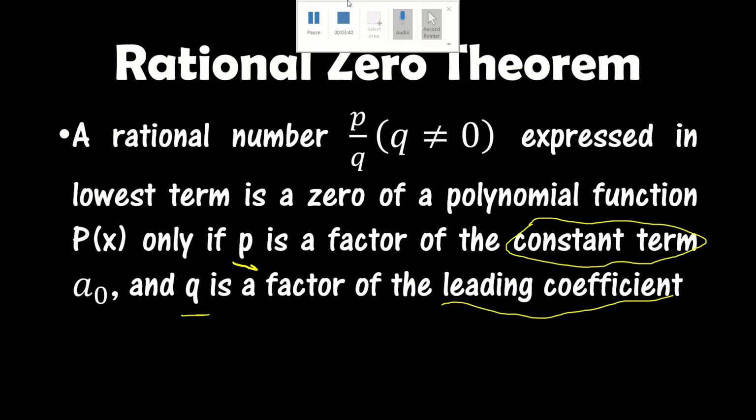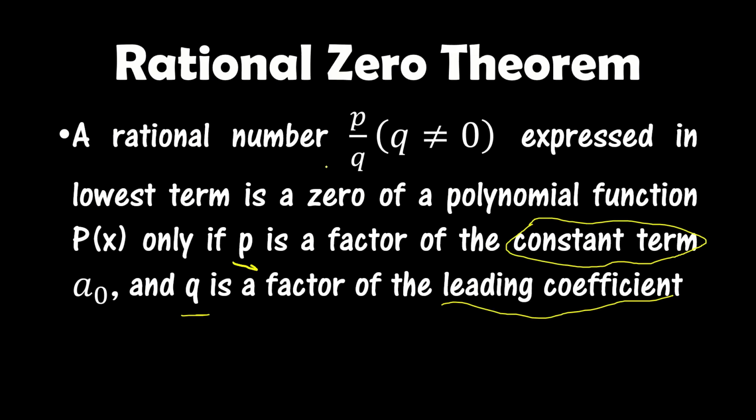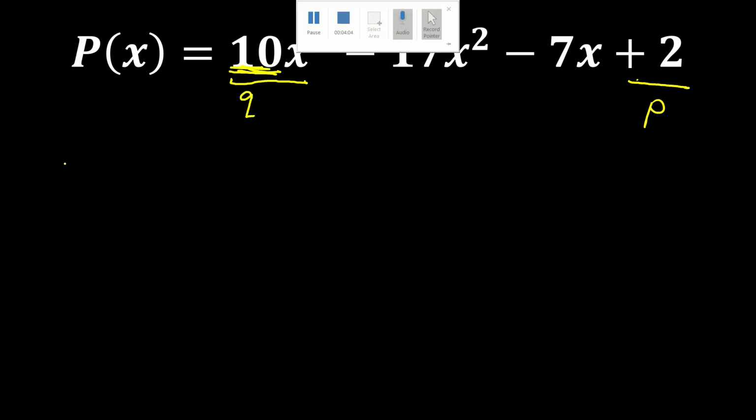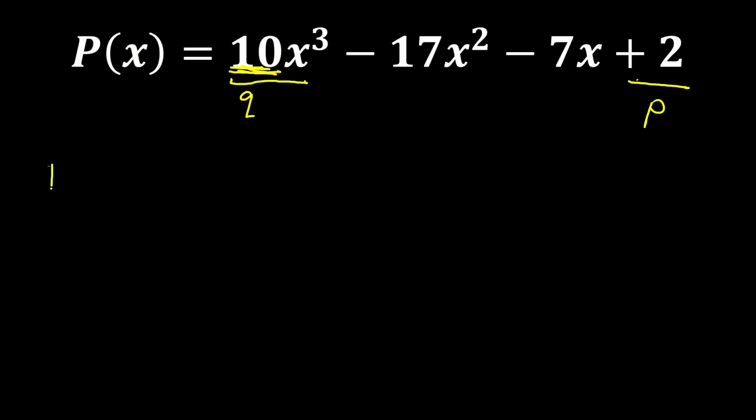Okay, balik tayo dun sa definition kanina. Ano yung sabi ko sa definition kanina? P ay sa constant, yung walang variable. Q ay yung sa leading coefficient, o yung nauunang term. So that means, in this example, factors ng 2 si P, factors ng 10 si Q. So let's list down first the factors of P. Ano ba yung value ng P?